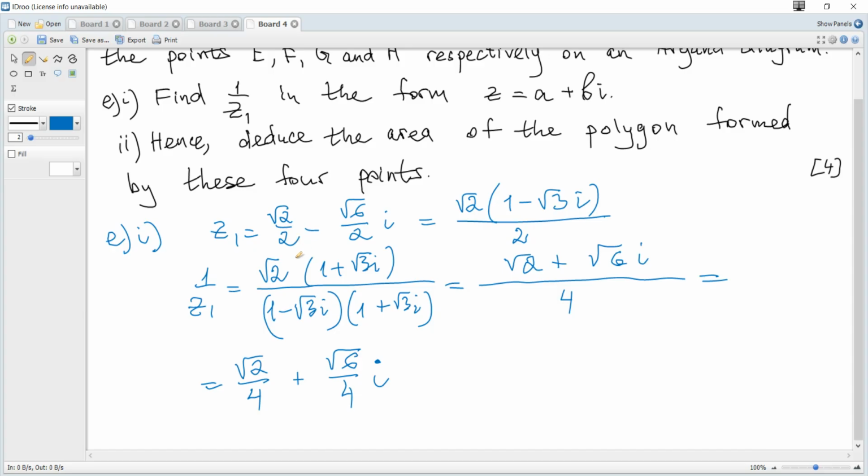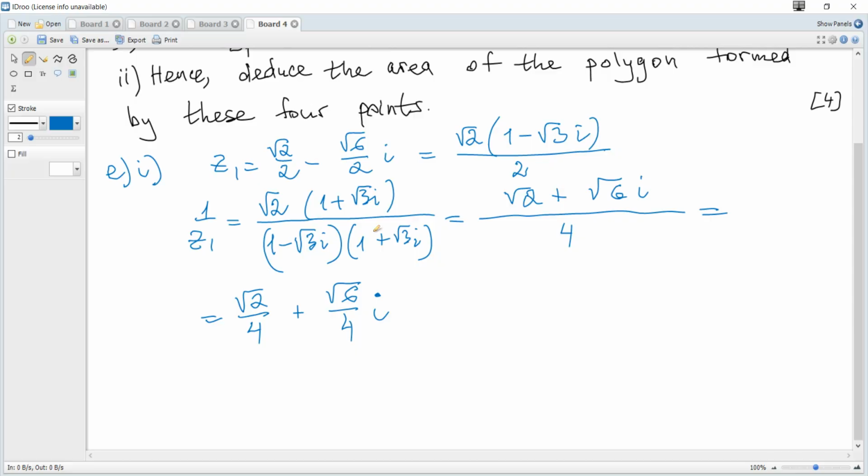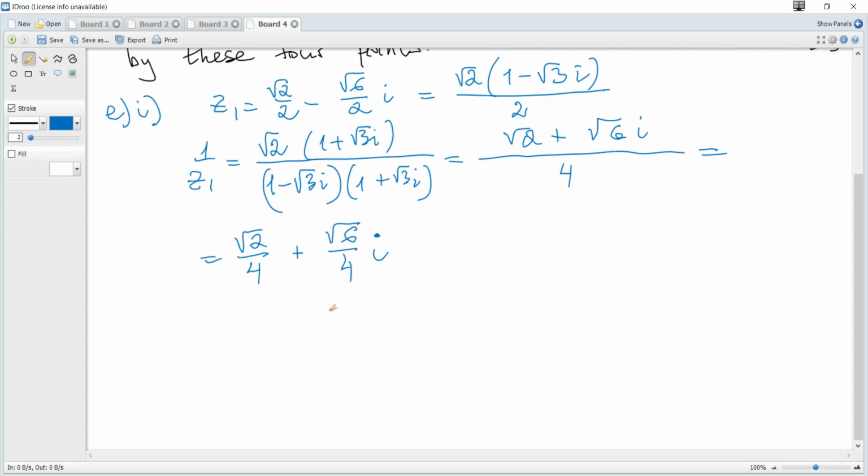So each coordinate decreases by a factor of 2, the real part and the imaginary part. So that we can suggest that each coordinate decreases by a factor of 2, and hence area decreases by a factor of 2 squared, by a factor of 4.